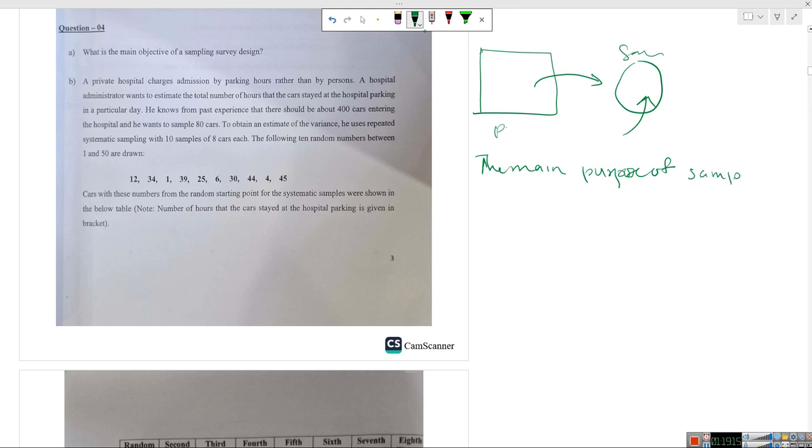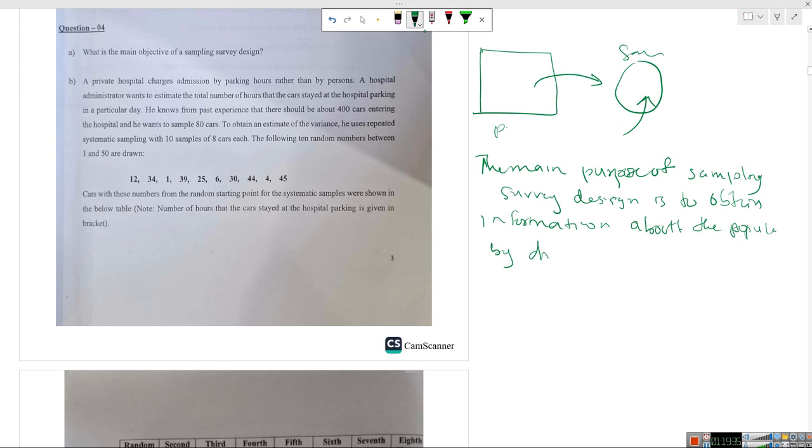Sampling survey design is to obtain information about the population by drawing a small portion from it through inferential statistics.